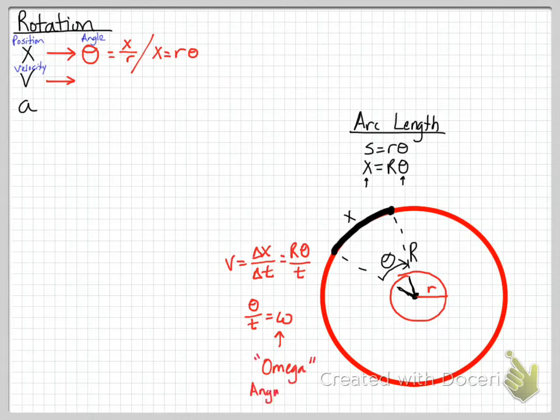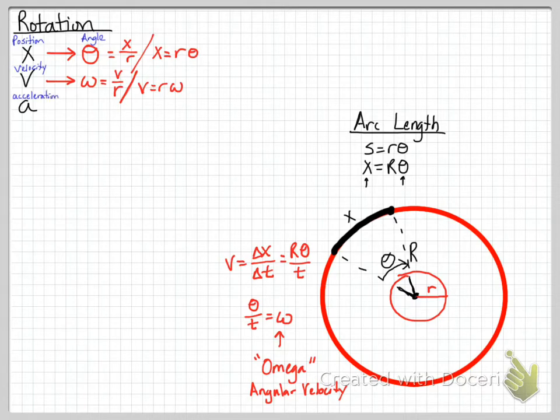And so when we talk about these things, we're talking about rotational or angular, but this is angular speed or angular velocity. So we can replace the theta over t with an omega, which represents our angular velocity. And so now our omega, or angular velocity, equals v over r, or v equals r times omega.